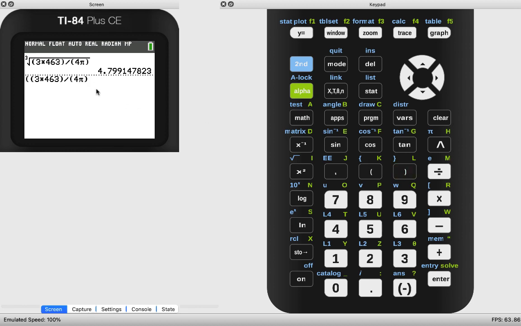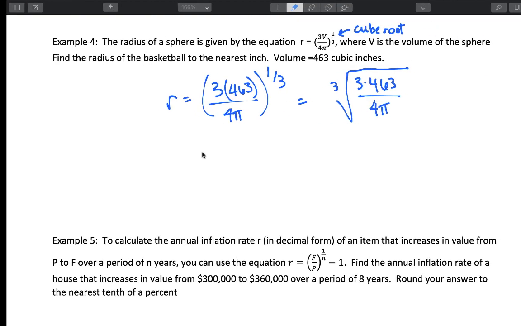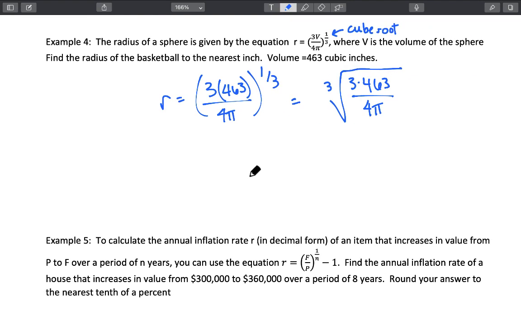That will give you your denominator as that product of 4 pi. Close one more set of parentheses. Now we are going to raise this to this little up arrow here, the 1/3 power. So 1 divided by 3. Remember, this represents cube root, and you can see that you'll get the exact same answer. So the radius here of our sphere is equal to 4.8, and our units were inches.